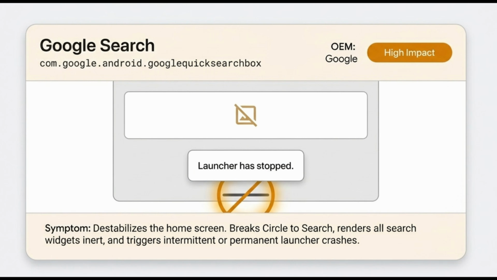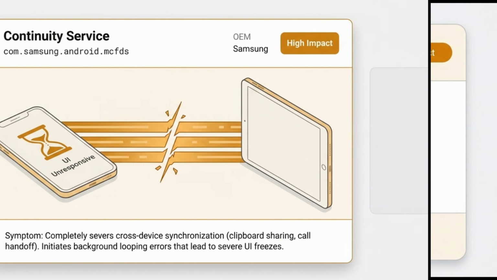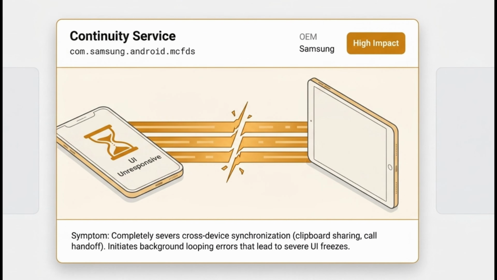That will also break Circle to Search, the widgets for Google, and it may crash the launcher if you're still using the Pixel launcher. There's also the Samsung Continuity Service, and that breaks cross-device sync and potentially freezes the UI in some situations.